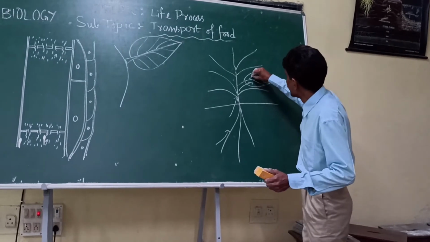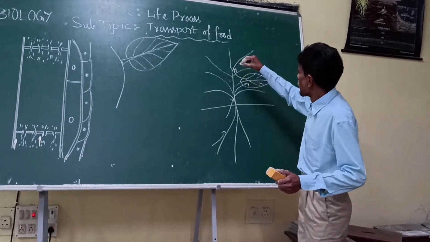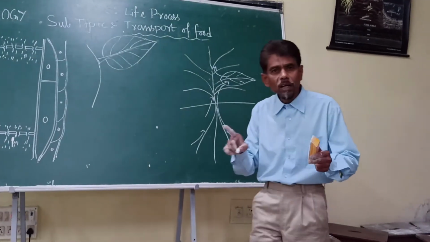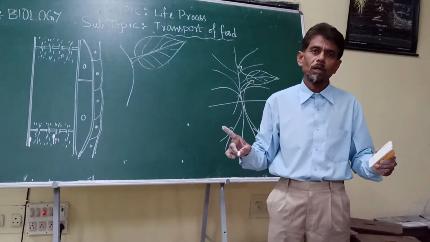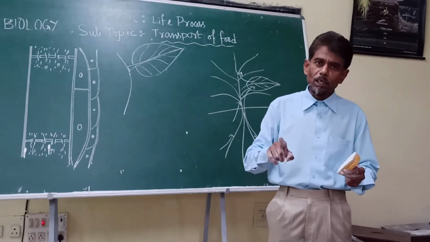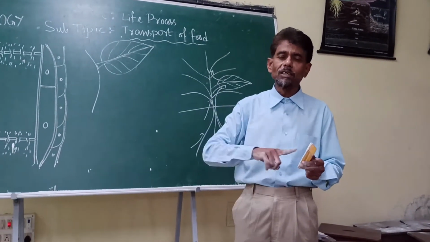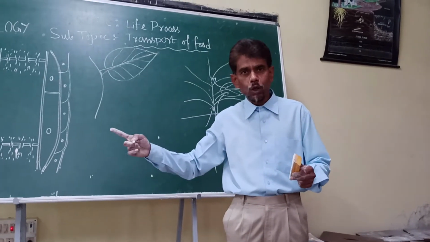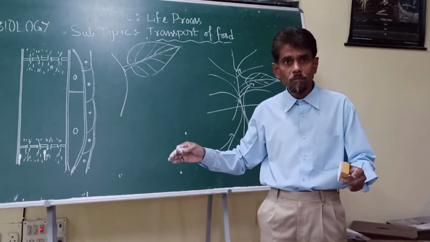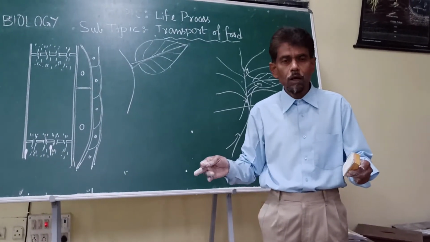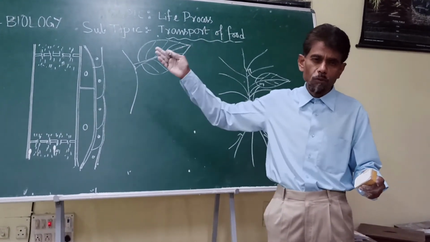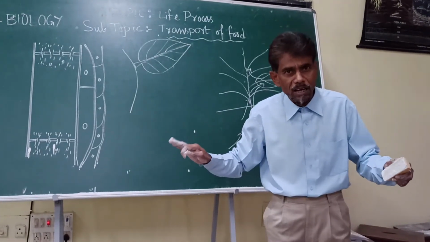So the food from the leaf has to be transported upward and downward, in all directions. So, the basic difference is that water transport is in one direction, that is upward, but in the case of translocation of solutes, it is in different directions, from the leaf to the root or to the fruit or wherever it is in need.